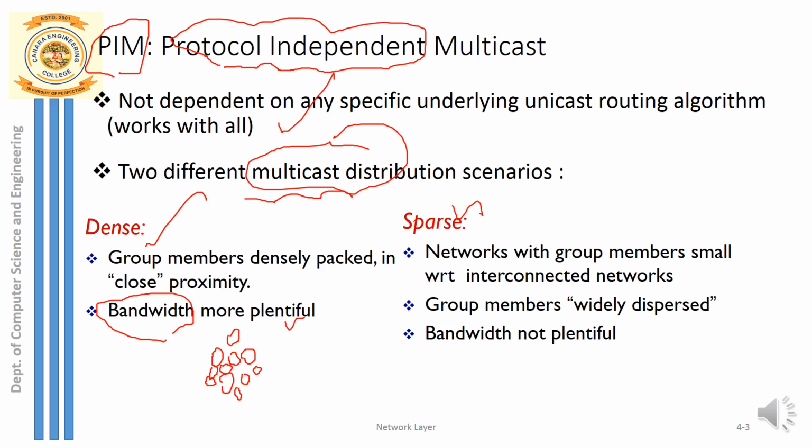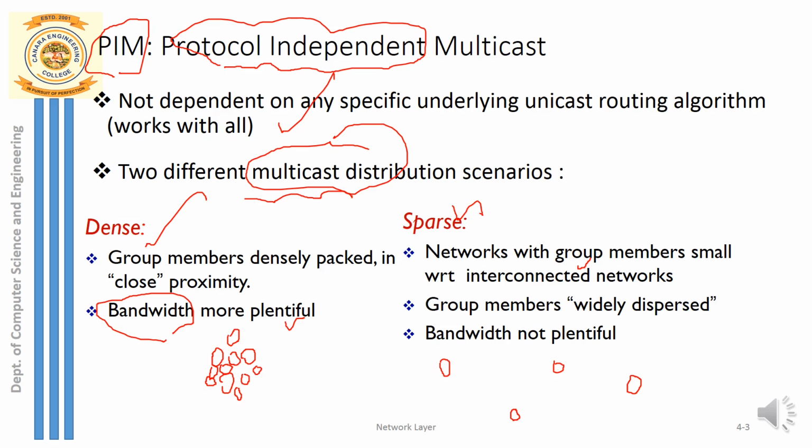Sparse multicast is actually the opposite of that. You have widely distributed group members and not too many multicast group members. And remember, these multicast routers are not close to each other, they are very far from each other. But still they are all interconnected via intermediate unicast routers, intermediate non-multicast group members.